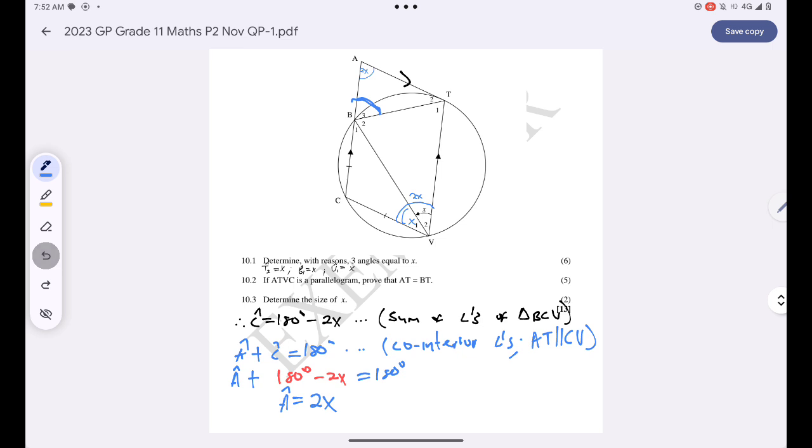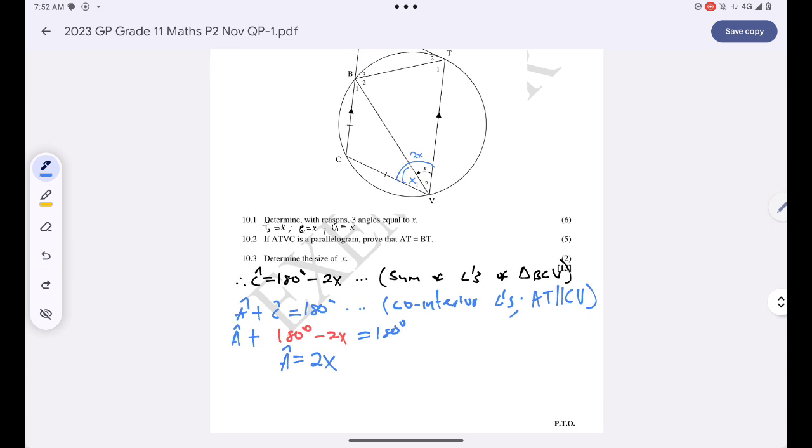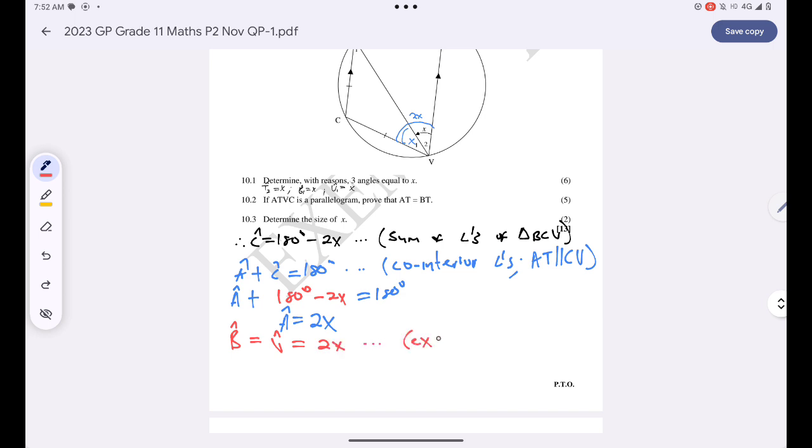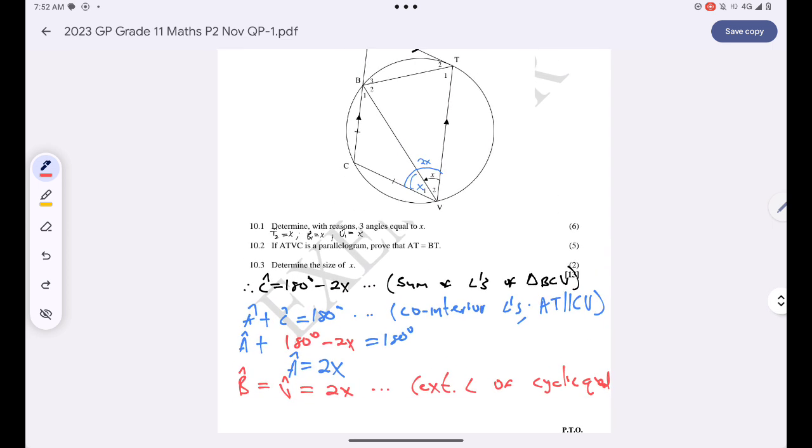That's the exterior angle of a cyclic quad. So angle B3 is equal to angle V as a whole. I know that angle V is equal to 2x. That's the exterior angle of cyclic quad BTVC.